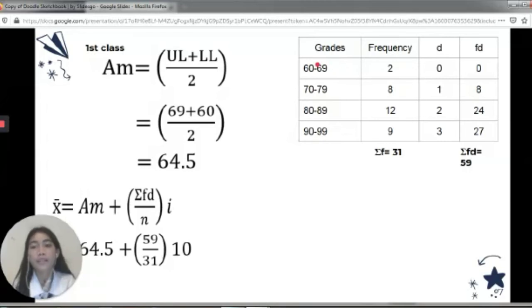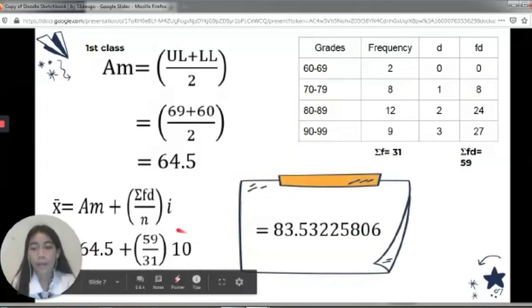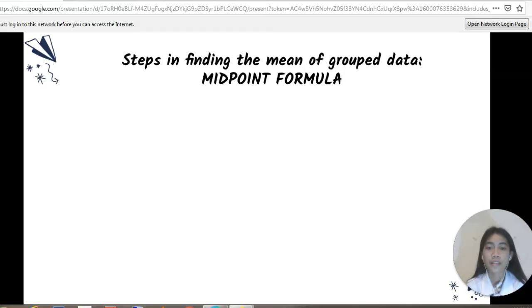Bibilangin mo lang po, halimbawa, 60, 61, 62 hanggang dito po sa upper limit natin. Ang magiging sagot niya is 83.53225806.